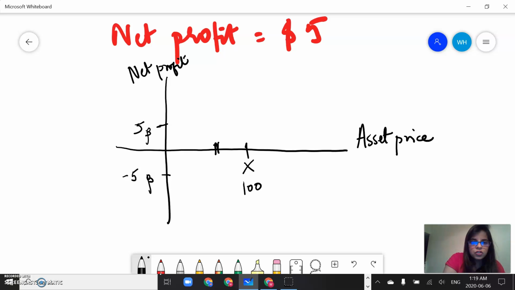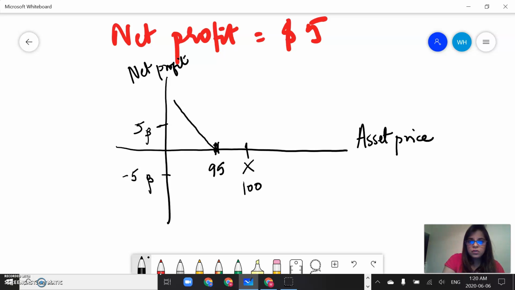So when the stock price is $95, party A, who purchases the put, breaks even. At a stock price below 95, party A continues to make a profit.